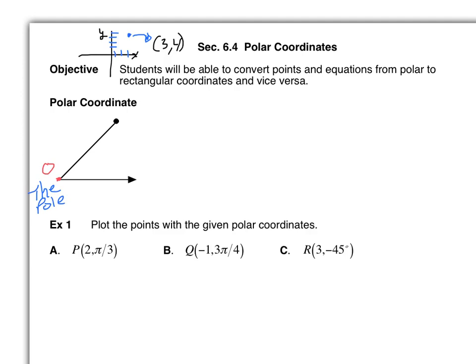So that's why we're going to call it O. And this line right here, which used to be the x-axis or the initial side of our angle in the unit circle, this is called the polar axis. And then from here to here, the opening of that theta, that's our directional angle. And so that's nothing new to you. That makes sense.